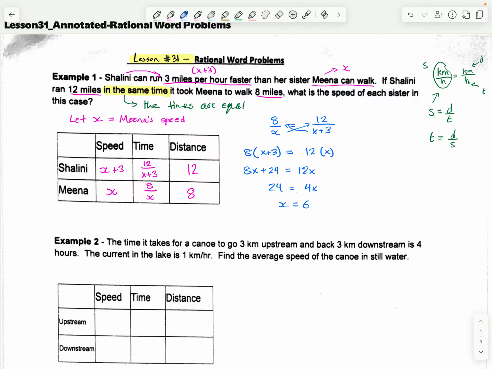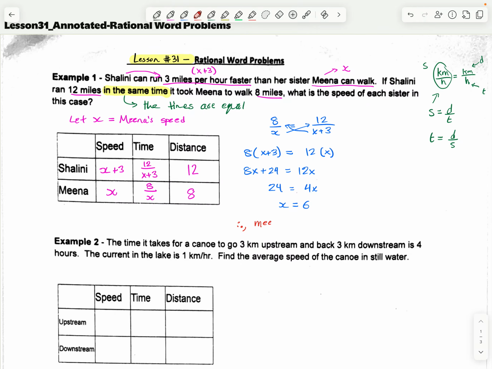Okay, so I will conclude, therefore, Mina's speed is 6 miles per hour.